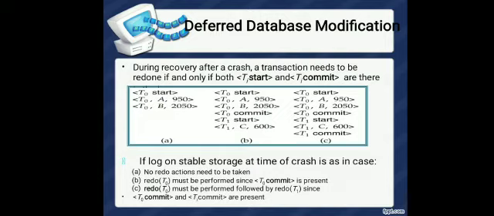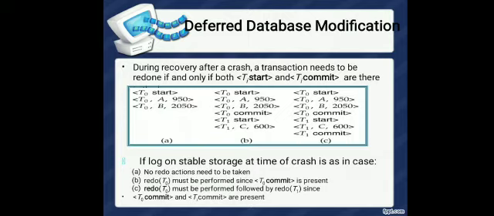Because in deferred database modification, the log format is transaction identifier, data item identifier, and the new value. So the new value of your write of A operation is 950. The new value of your write of B operation is 2050.